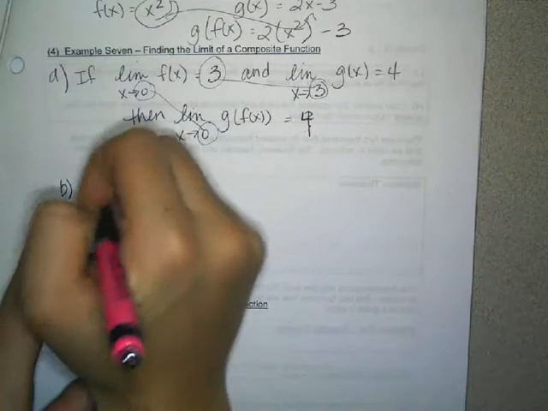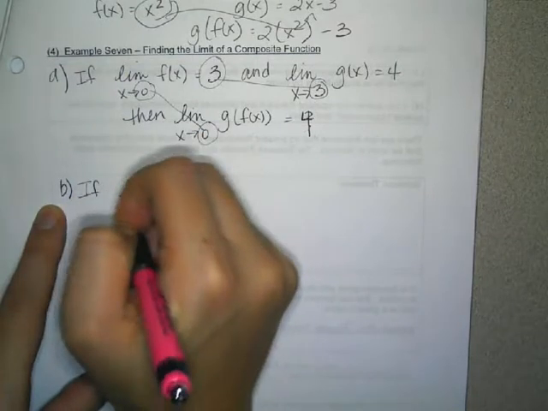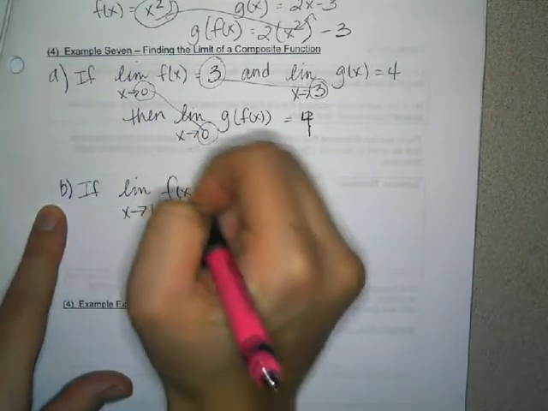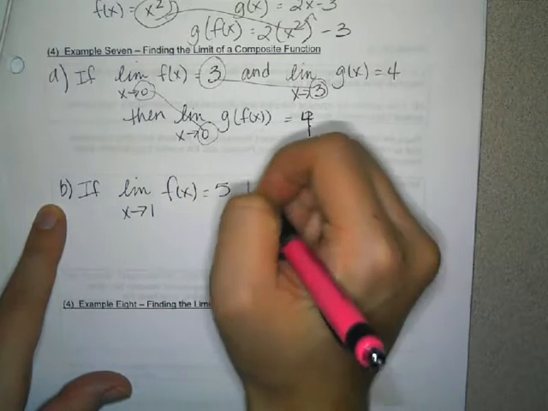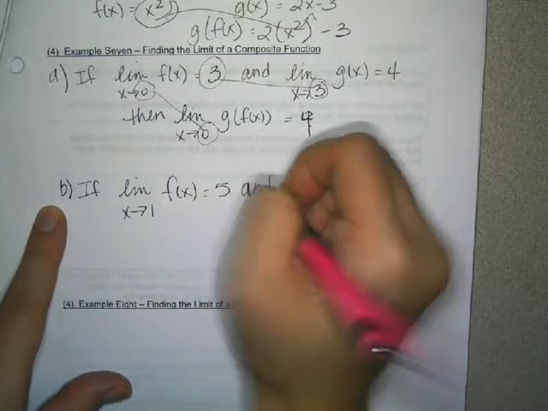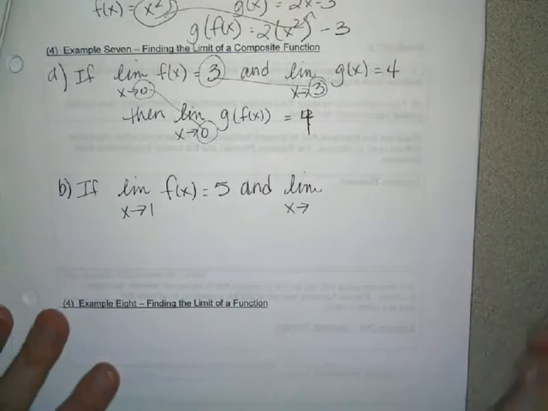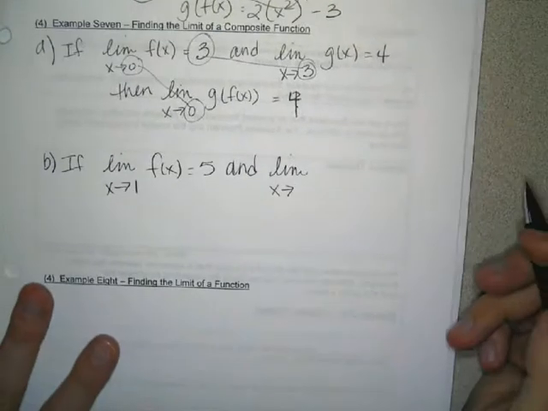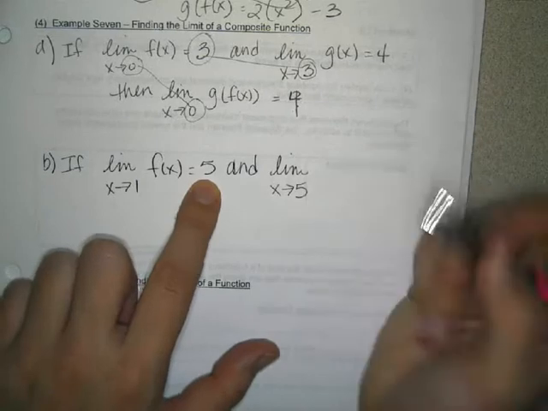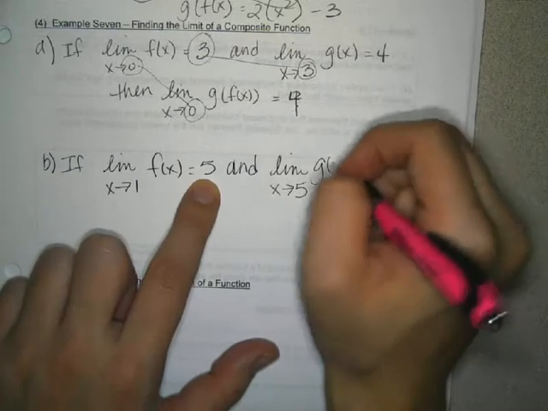So, if the limit as x approaches 1 of f of x is 5, and what would this new c value have to be for this next limit statement? It'd have to be 5, because those would have to link up, of g of x equals negative 7.